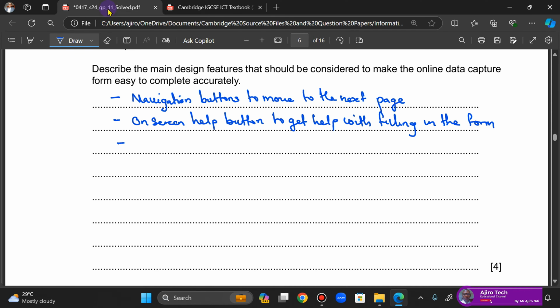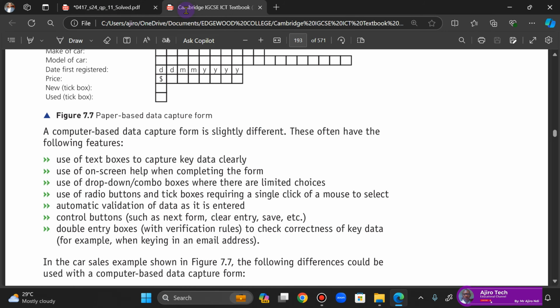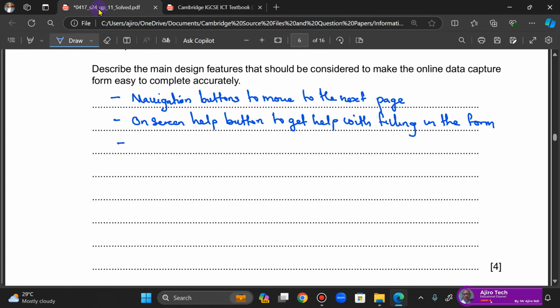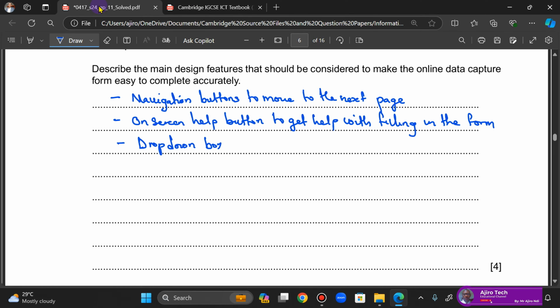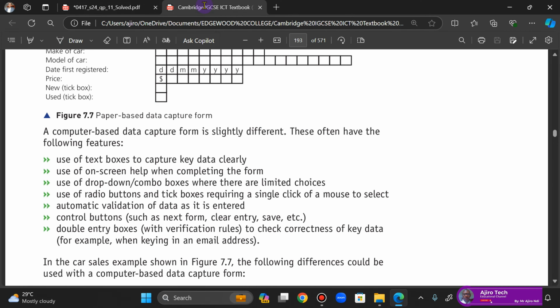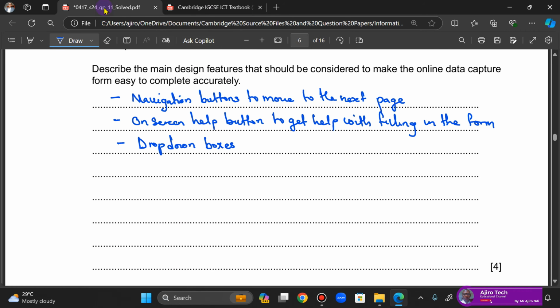Now another one is drop down, use of drop down boxes when there are limited choices.